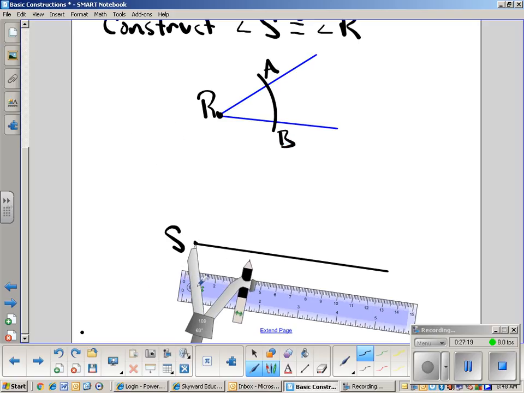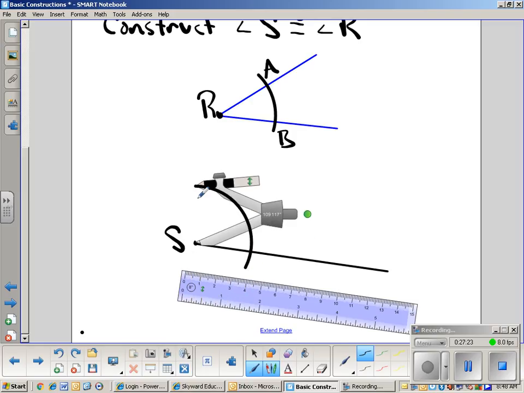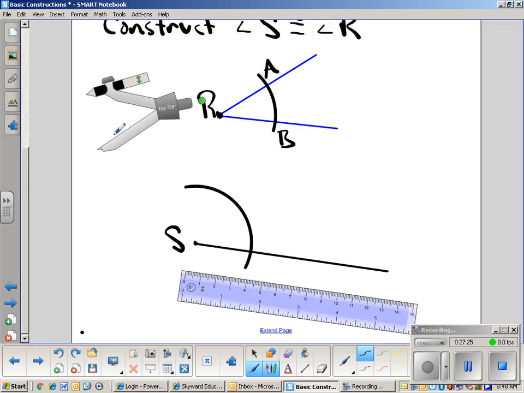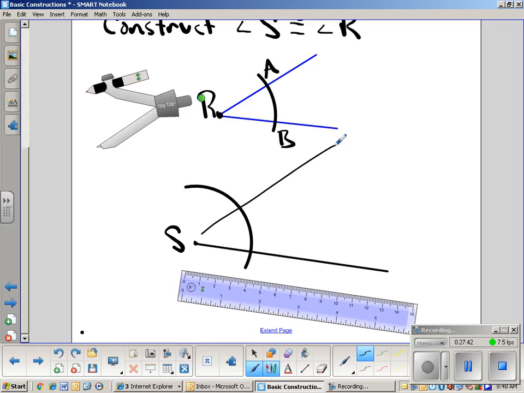Step 3 is do the same thing down here. Draw that same arc. The problem is, I don't know where the other ray is yet. So when I copy that arc, I'm going to make it a lot bigger. I made this arc almost twice as long as the first one I drew, because I don't know where this line's going to go through here yet. It's going to go through there somewhere, but I don't know where exactly.